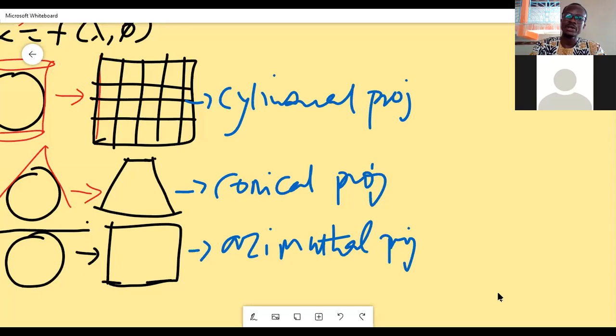Cylindrical projections are very good for tropical areas, okay, like parts of Africa in the tropics. Parts around the equatorial regions, we can use the cylindrical projection.